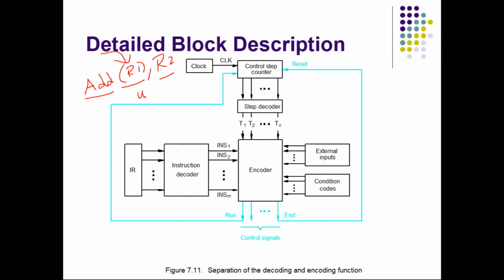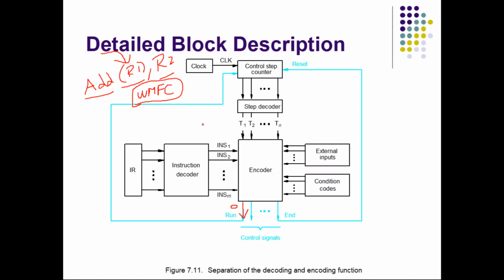We have discussed an instruction called WMFC, wait for memory function complete. Whenever this wait for memory function complete comes, the processor has to wait. Literally it cannot do anything else. So in that case run will be made 0. When run is 0, the control step counter will not increment. It is something like the processor got frozen.